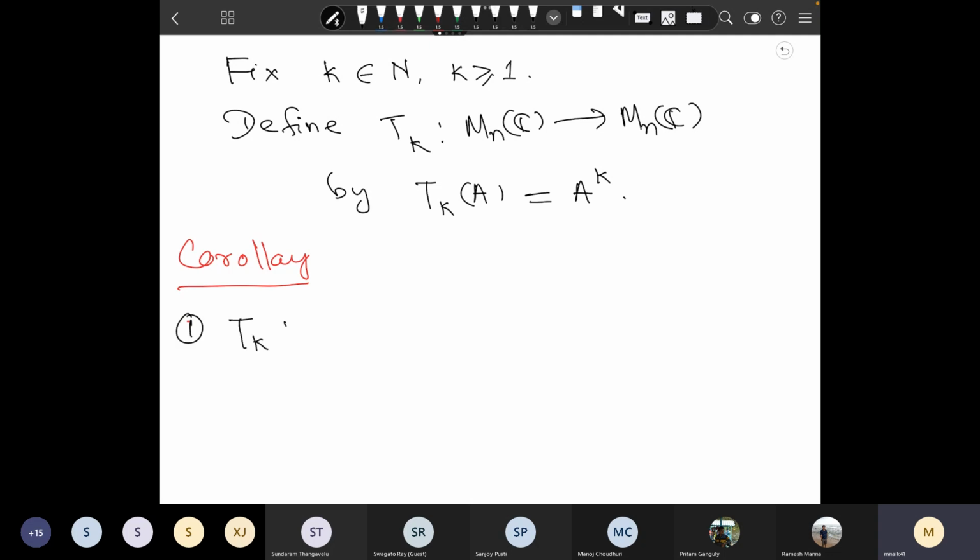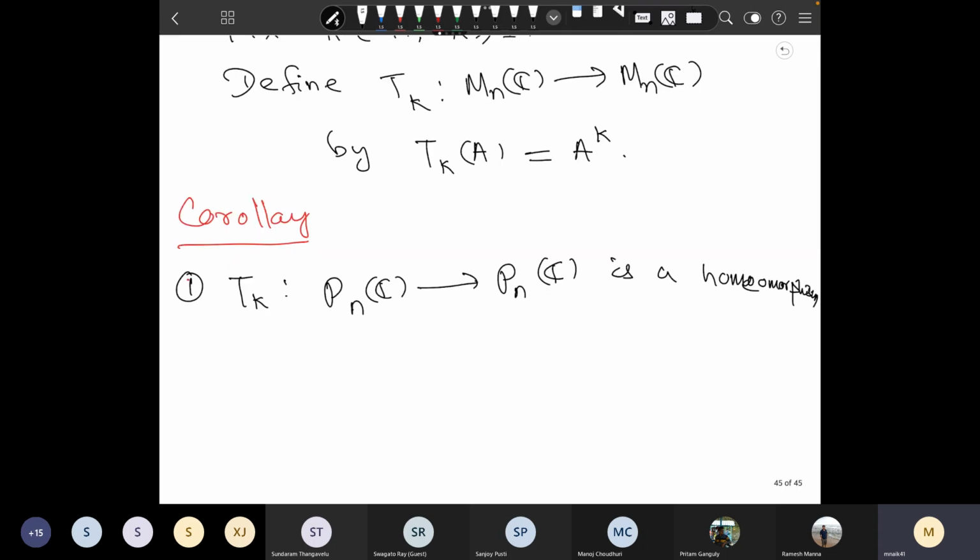This Tk from PnC to PnC is a homeomorphism. Okay. So, and Tk from PnR to PnR is a homeomorphism.